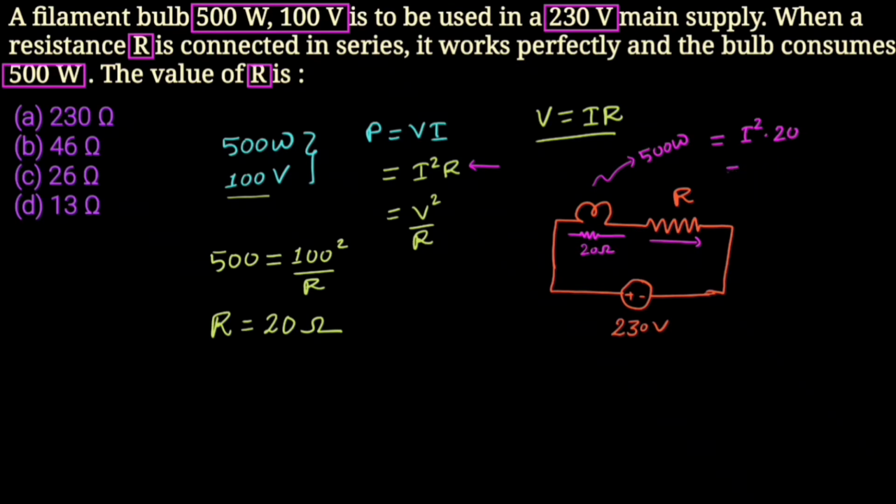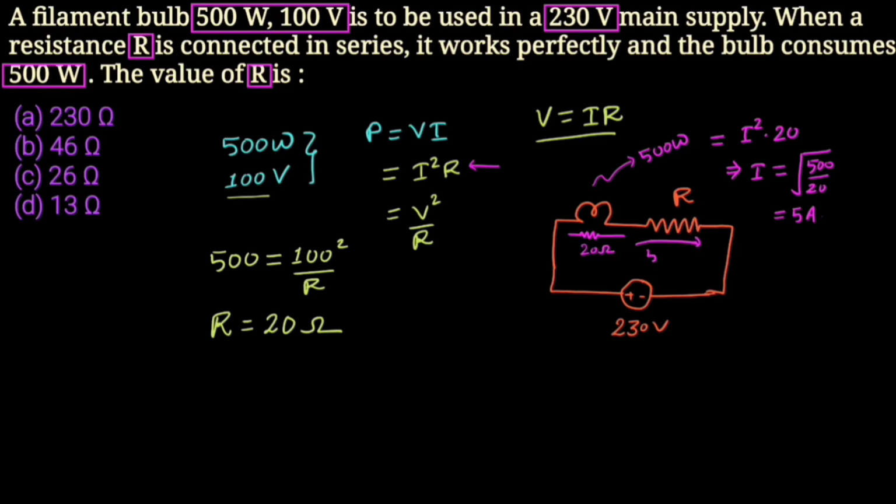So the current flowing in this circuit will be equal to the square root of 500 divided by 20, which is 5 ampere. This 5 ampere will also flow through this resistor R.